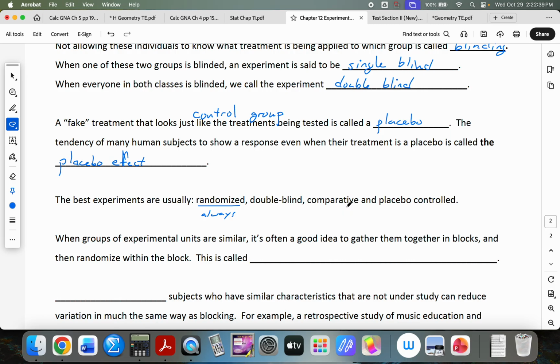Comparative, meaning you have a control group. If you don't have a control group, it's like, okay, they all got better. Would they have gotten better on their own? Maybe. This is true for a lot of medicines like common cold medicines, right? The common cold, typically people just get better on their own.